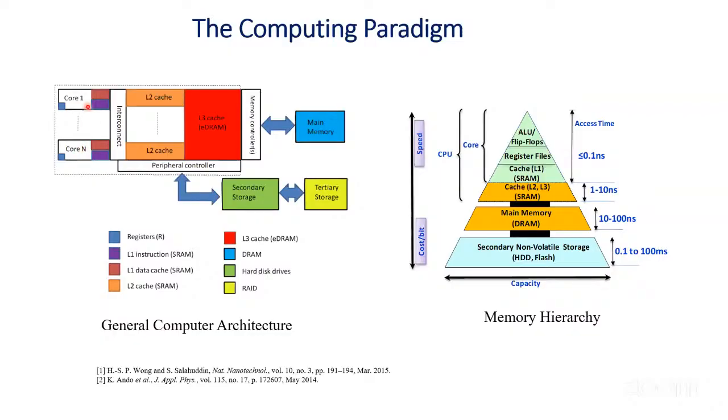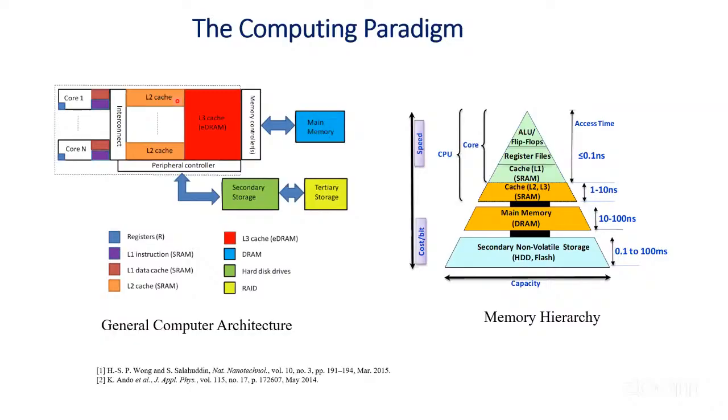These cores have some dedicated memory called the L1 instruction cache and L1 data cache. You can see the labels here. The L1 instruction and L1 data caches are part of the core of the processor. Here are several cores in the processor. Then they are connected to the second level of cache memory, which is the L2 cache, and the L2 cache is also, sorry, SRAM based.